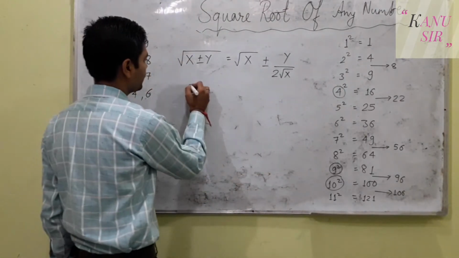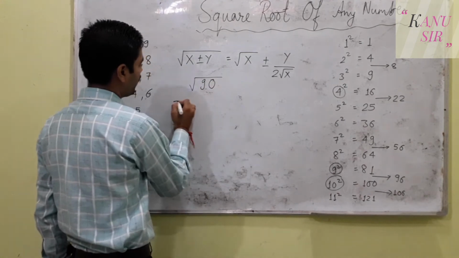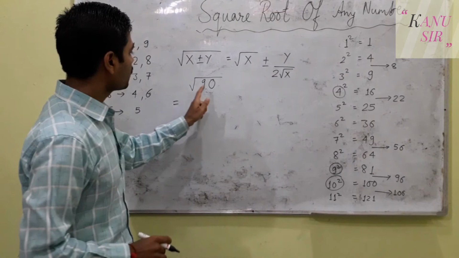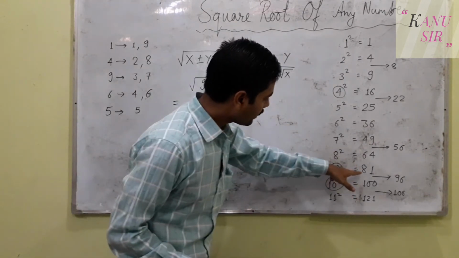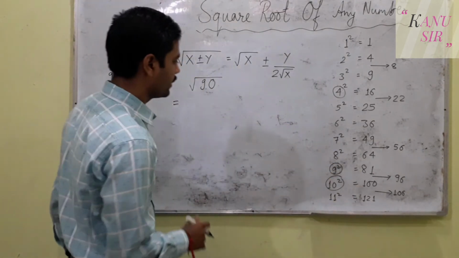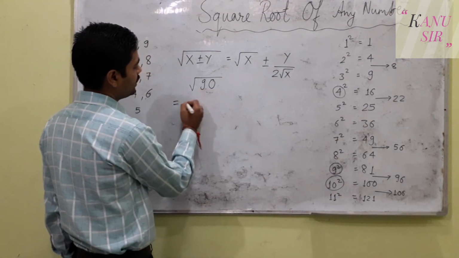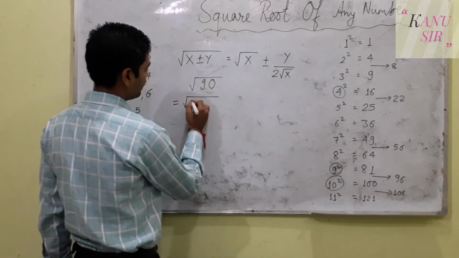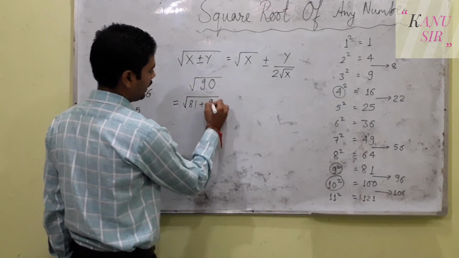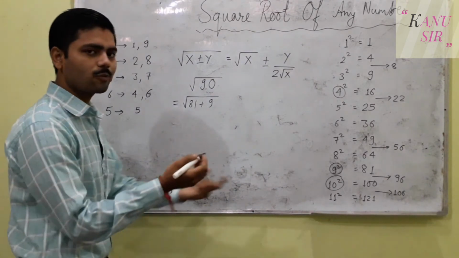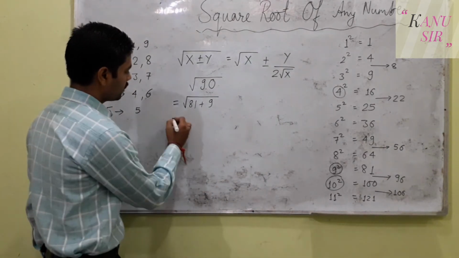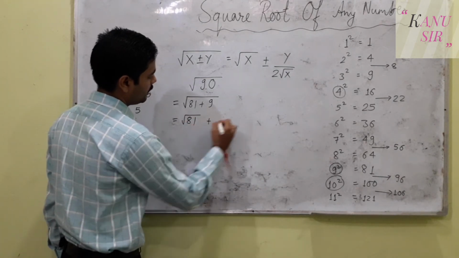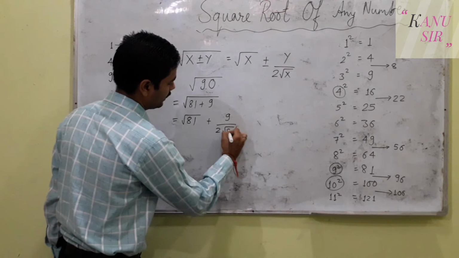Root 90. Now it's on you whether to take the plus value or the minus value. So let us check where 90 is. 90 is between 81 and 100. The nearest square number to 90 is 81, plus 9. One more time we got 9 as a square number, but that is of no use. So 81 means you can break it into root 81 over 2 times root 81.